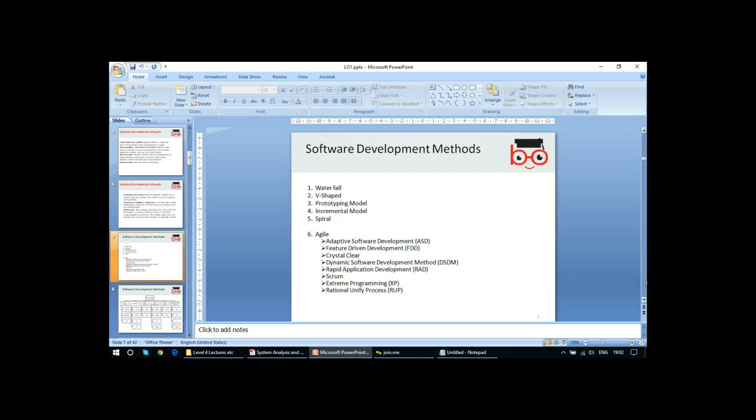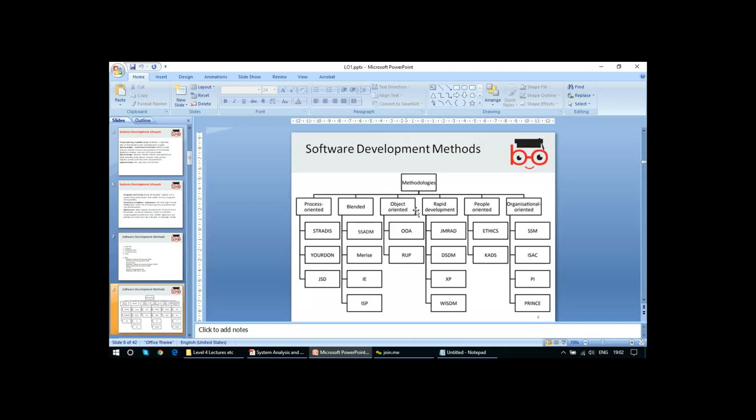So the waterfall, and furthermore, these methodologies have been given a kind of classification. It's basically not the theory that these methods definitely fall into this classification, right?